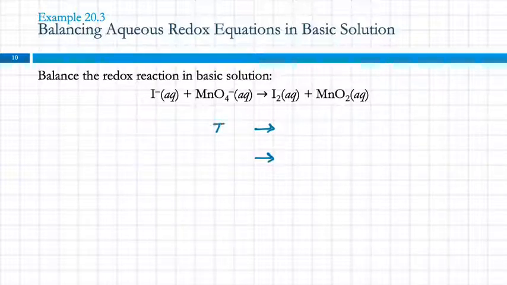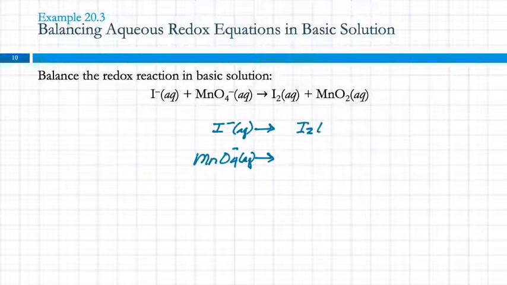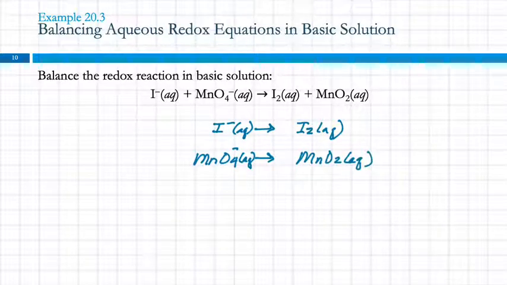So I minus and permanganate, I2 and MnO2. I had 2 reactants. I make a half reaction for each of them. And I just pick the product that looks the most like that reactant.